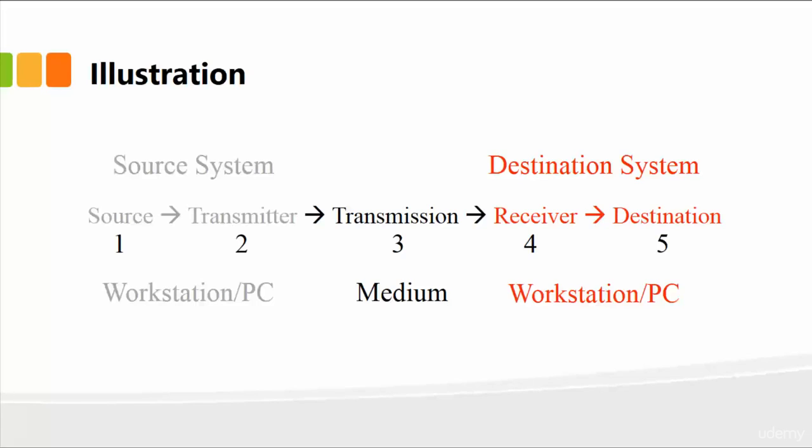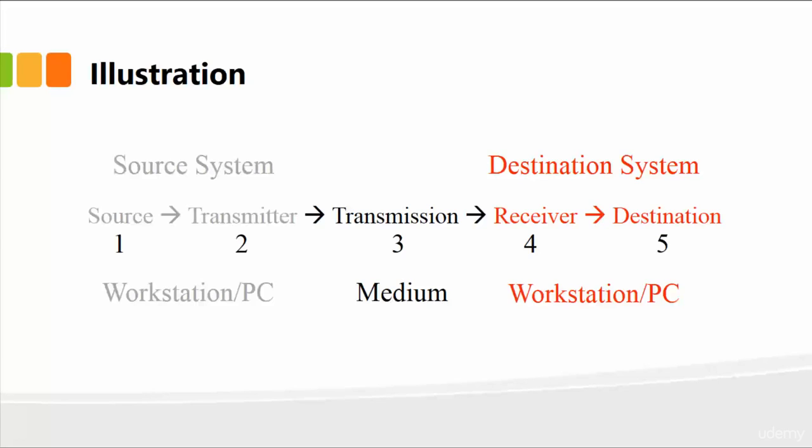So the transmitter, which is step 2 in this illustration, and then 4, which is the receiver, are essentially the same. So you have a network interface card on computer A, and then you have a network interface card on computer B. So both of these are basically acting as a transmitter from the source system, and then the receiver at the destination system.